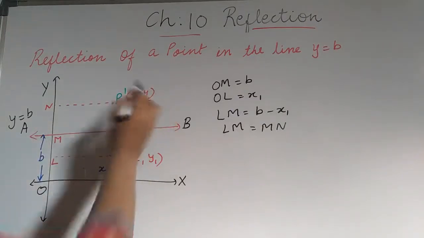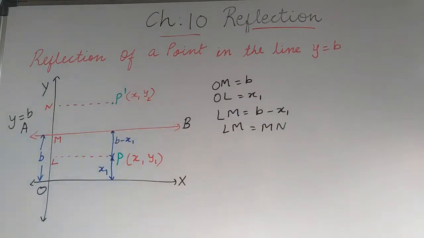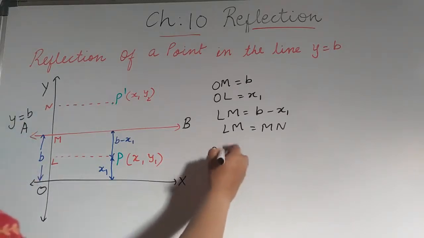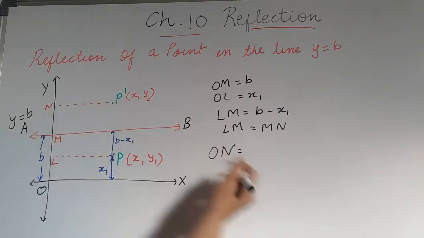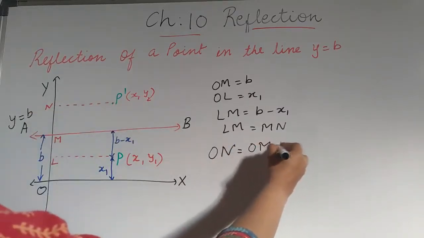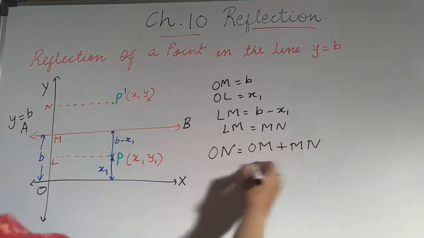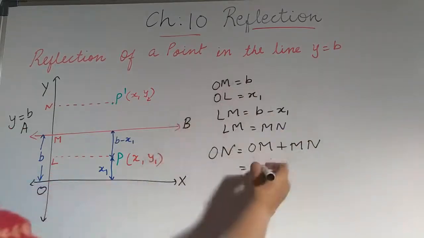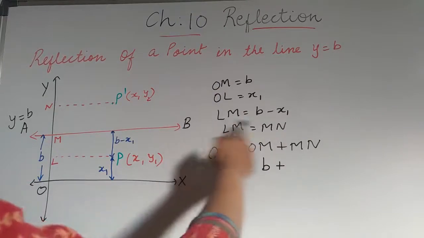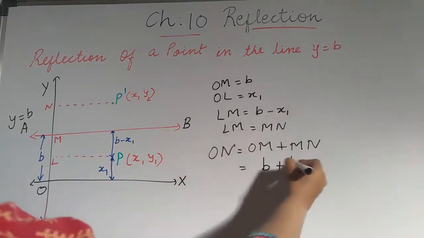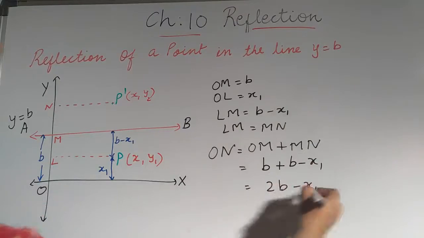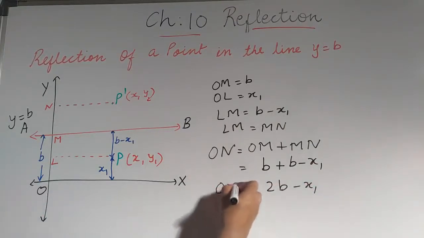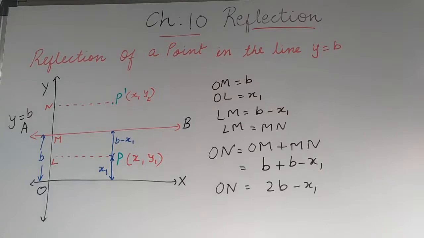What do we need? We need this y2. For that we need to find this whole ON distance. So ON is equal to OM plus MN, and OM is B, and MN is the same as LM, B minus x1. It means 2B minus x1. This is our ON value, meaning our y2.